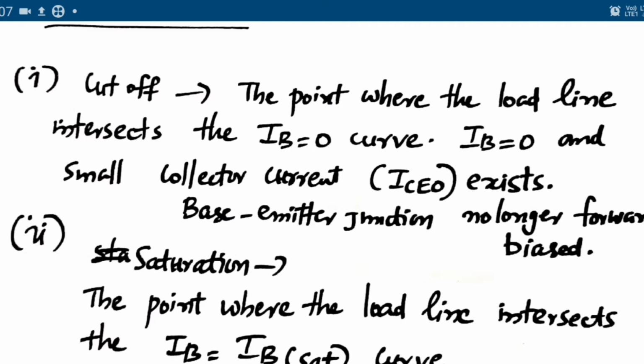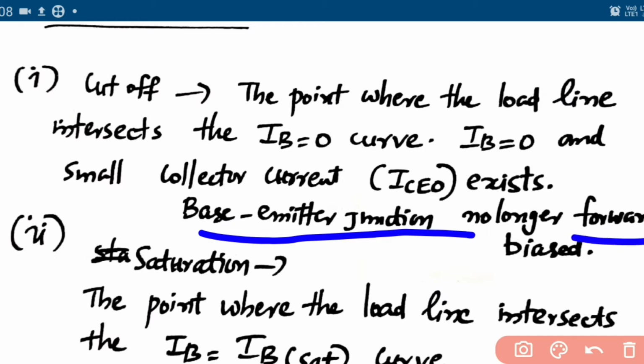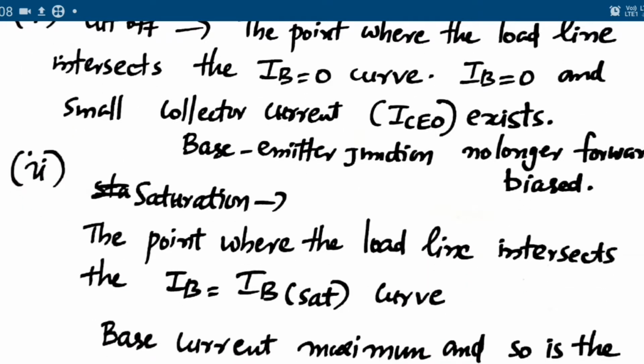So at the cutoff point, the base emitter junction is not forward biased. We know for a transistor to work properly, the base emitter junction should be forward biased, and the collector emitter junction has to be reverse biased. So here the base emitter junction no longer remains forward biased.